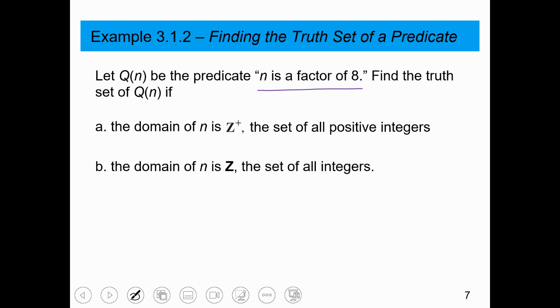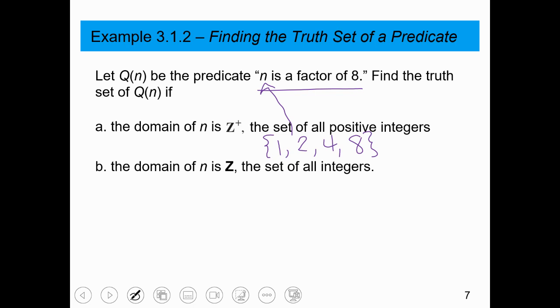And I think it is pretty easy to see that of all the positive integers, 1, 2, 4, and 8, when substituted in place of n, would make this a true statement. 1 is a factor of 8. 2 is a factor of 8. 4 is a factor of 8. 8 is a factor of 8. And so what I have written here is the truth set.